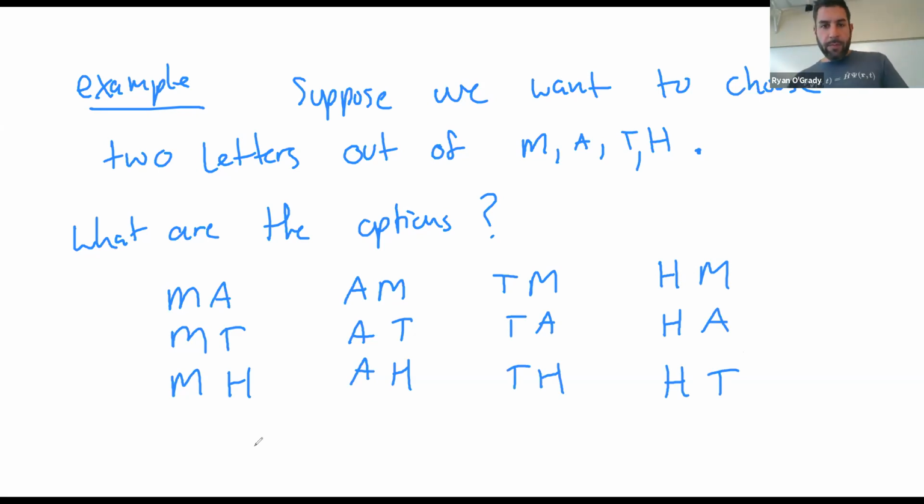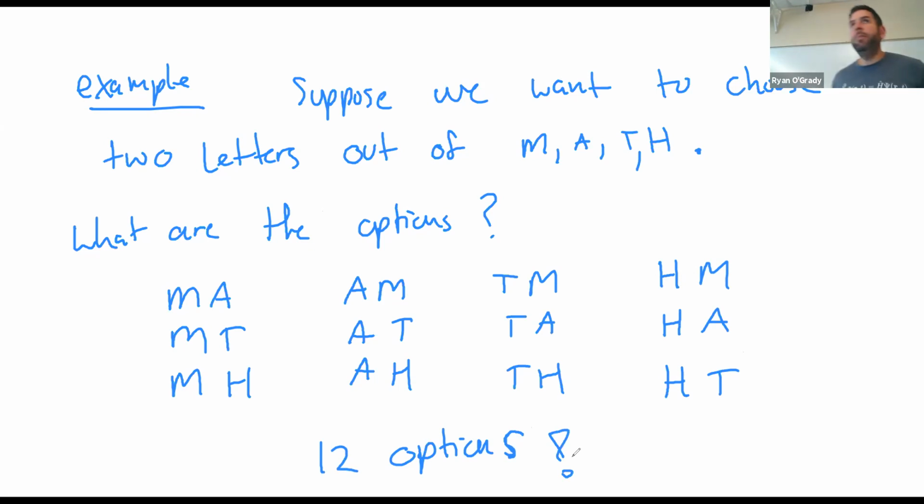So if we think about it, we've exhausted all things, and we notice there are 12 options. Does anybody have a question or comment about this?